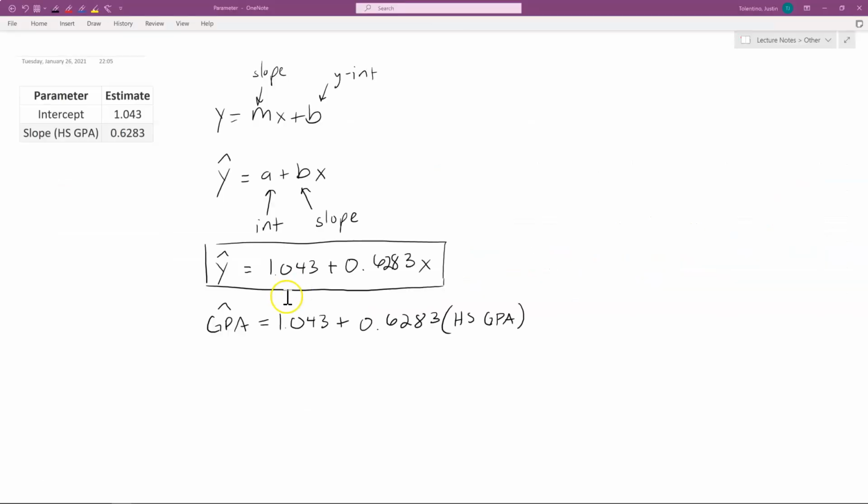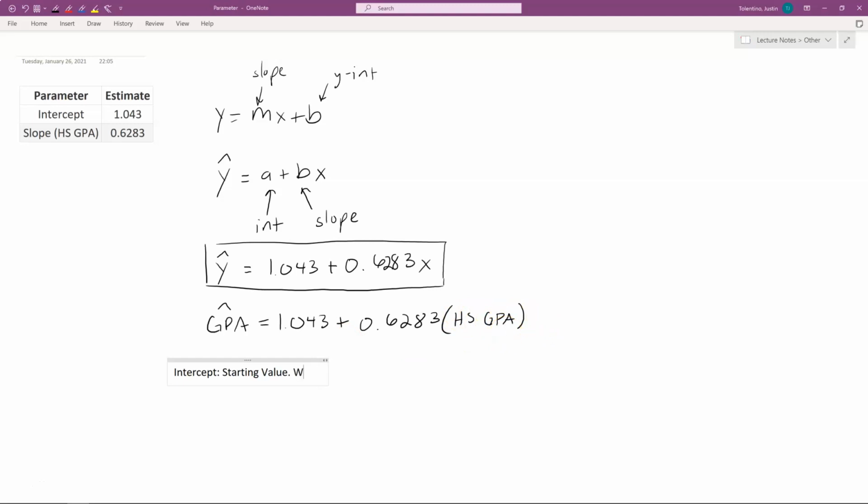Take a second to understand this equation a little bit deeper in terms of what this intercept is and what this slope is. If we recall from our algebra classes, an intercept we can often think of as a starting value. It's when our x variable is 0. So how would we interpret this? This 1.043 is just saying that our GPA for college, we would predict it to be this value if we had a 0 GPA in high school.